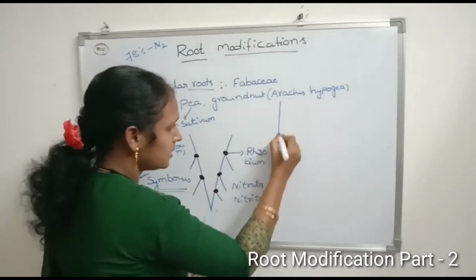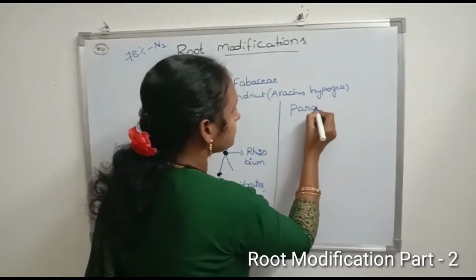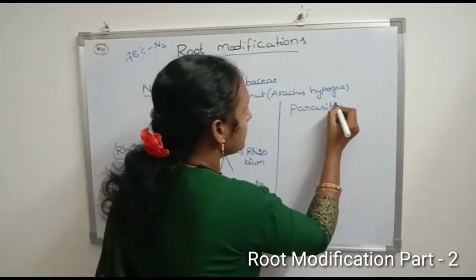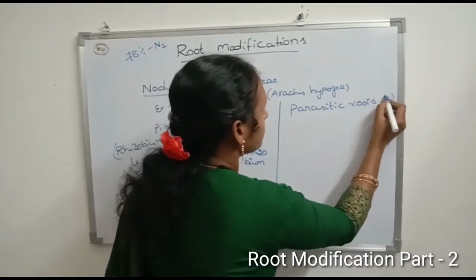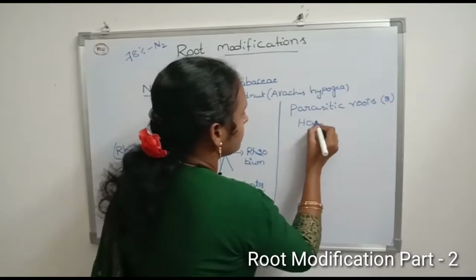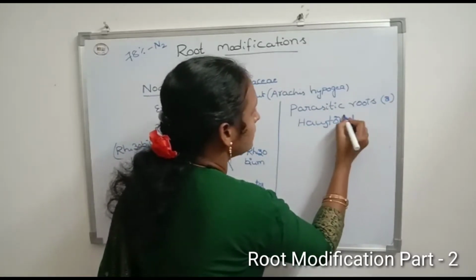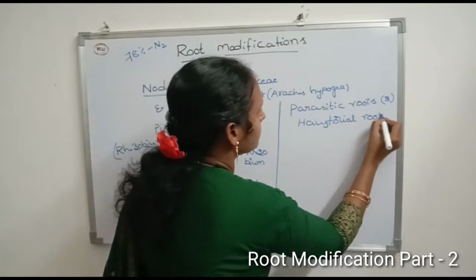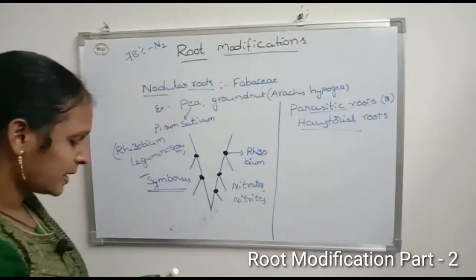Another example is parasitic roots. Parasitic roots are haustorial roots.